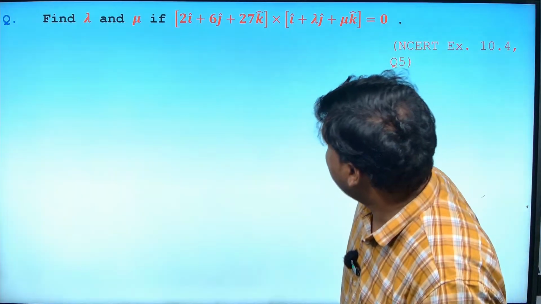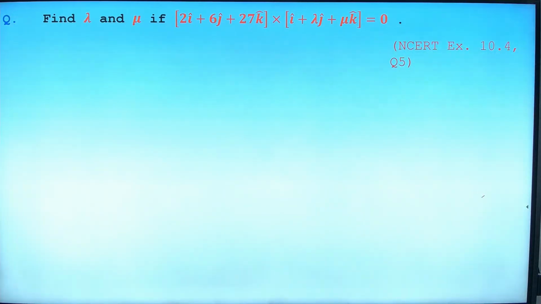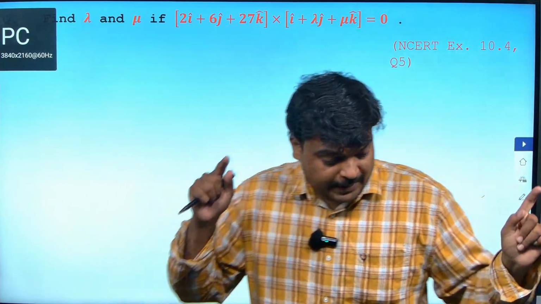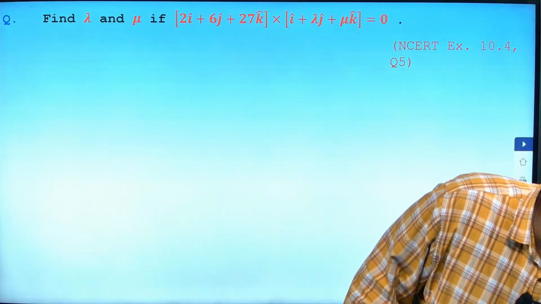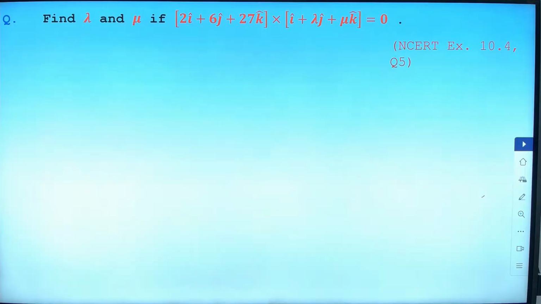Find lambda and mu if the cross product of these two is 0. Guys, I have already told you, tell me, what is i dot i? I am speaking about dot. What will dot give? 1. j dot j is 1, k dot k is 1, anything else is 0.